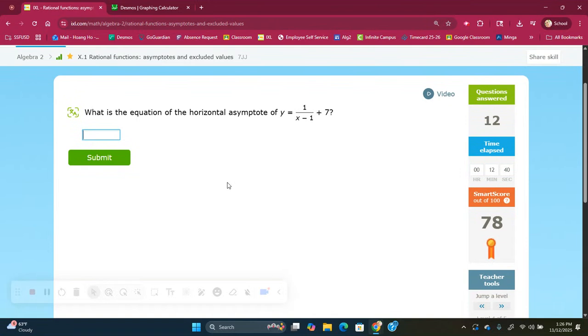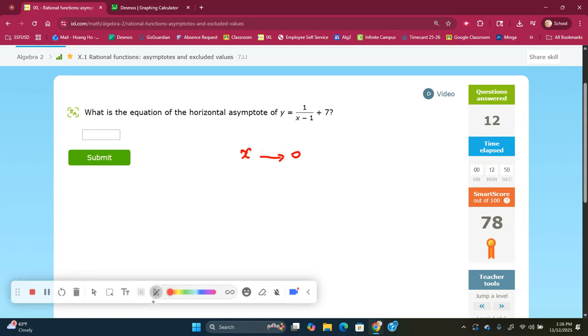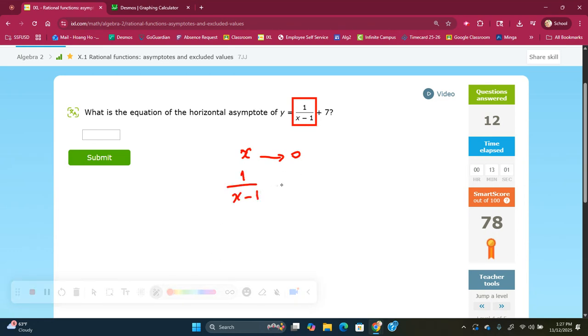What else do we have here? Horizontal asymptote again. In this case, let's do it again. If x is getting really big, what happens to this ratio? If x is getting very big, I put infinity right here. This means a very big number.